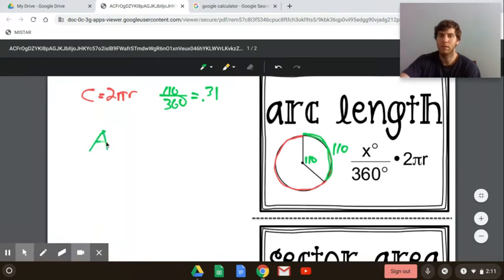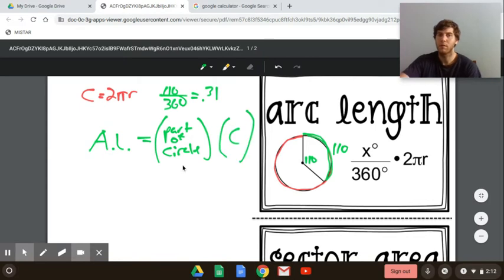It's basically arc length, if I abbreviate as AL, equals the part of the circle times the circumference. So we take what part of the circle times the circumference, and that gives us the length of that piece.